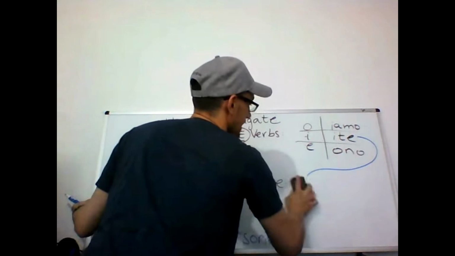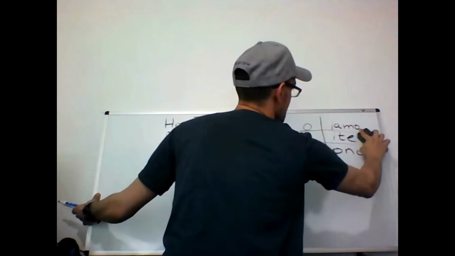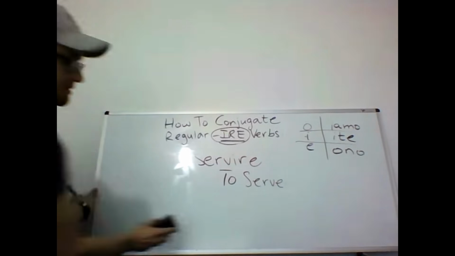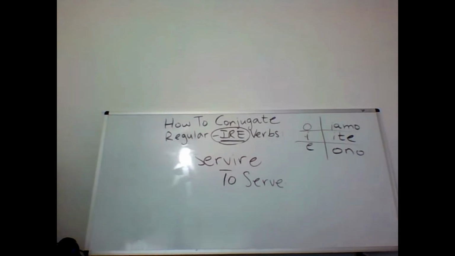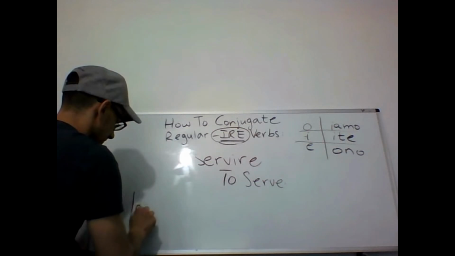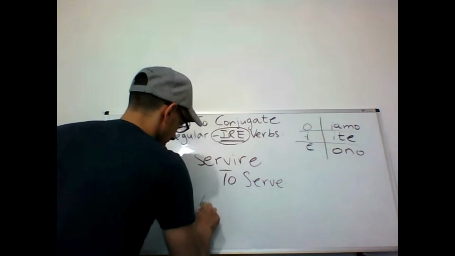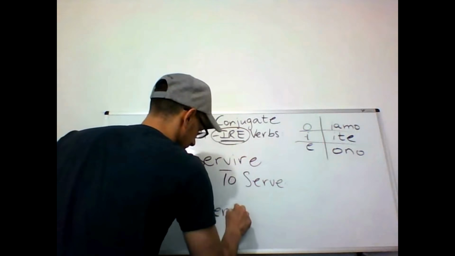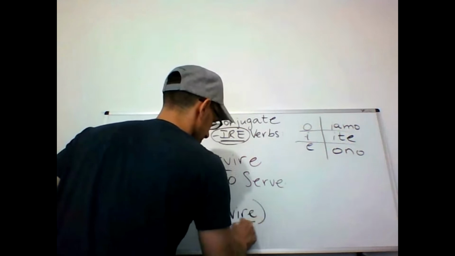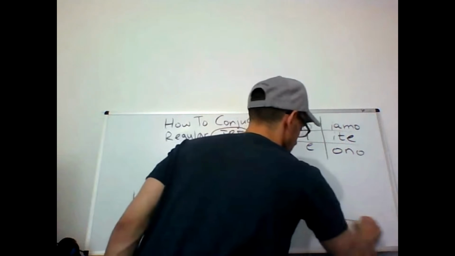And finally, last but not least, we have loro. So loro have a verb, right? There's the IRE. Make a long line.